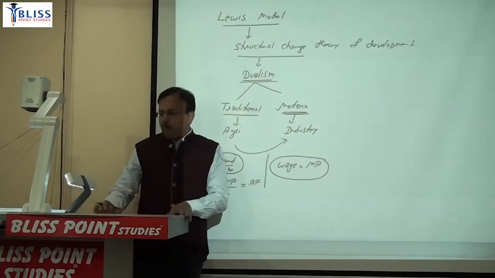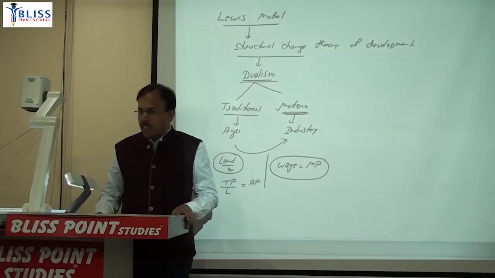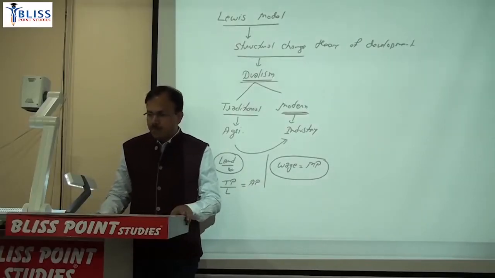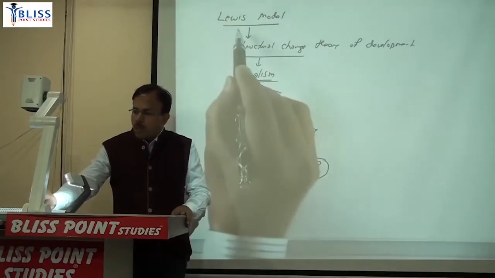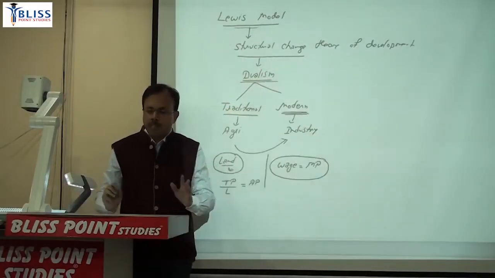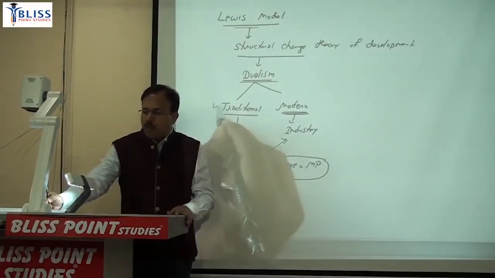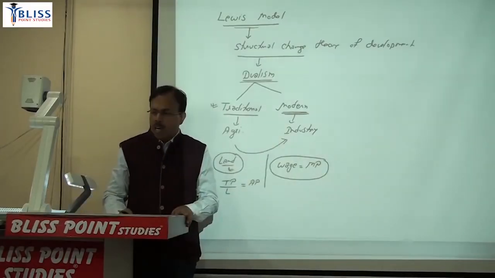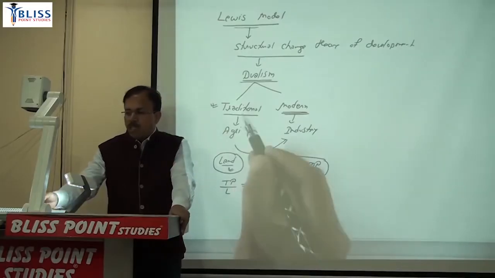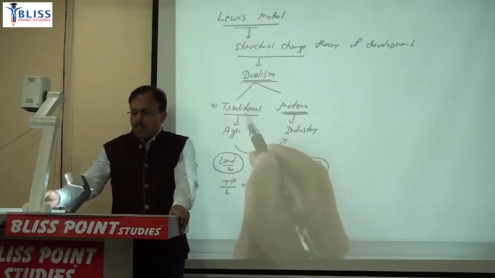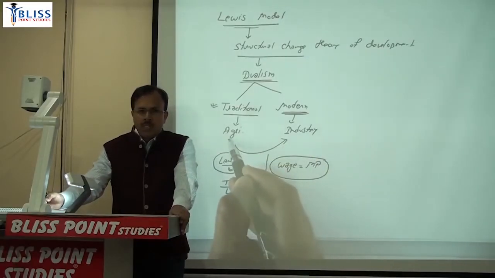Now another important part of this structural change theory is that the model goes on to argue that, to begin with, more and more labor will be absorbed in the traditional sector, and since more labor is absorbed in the traditional sector, wages are lower in agriculture.